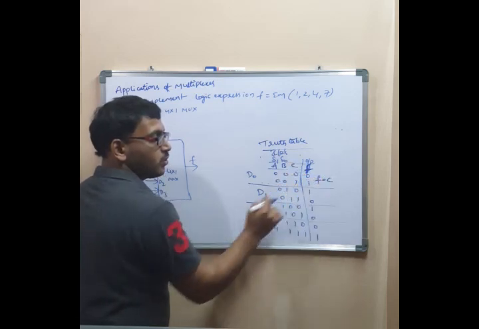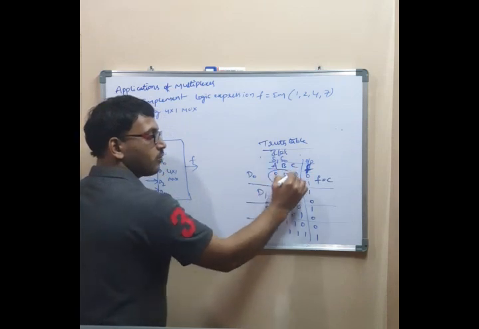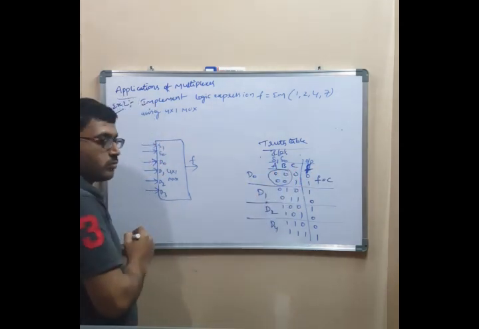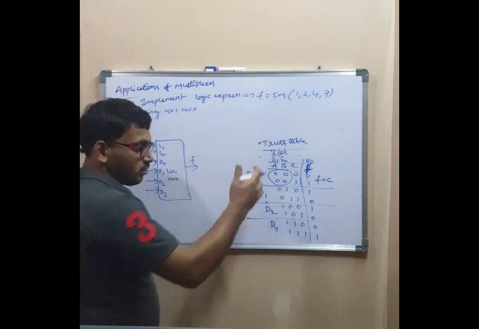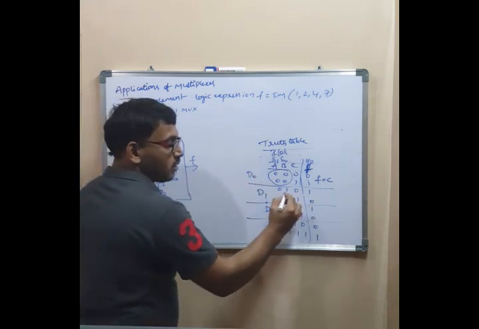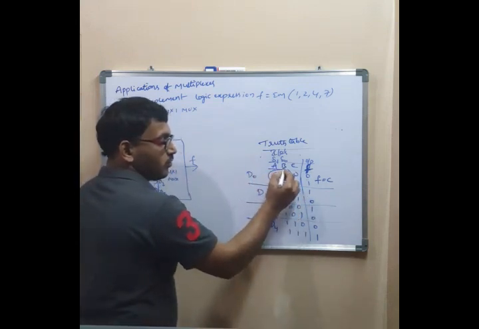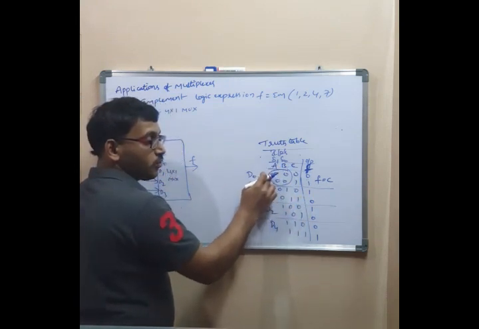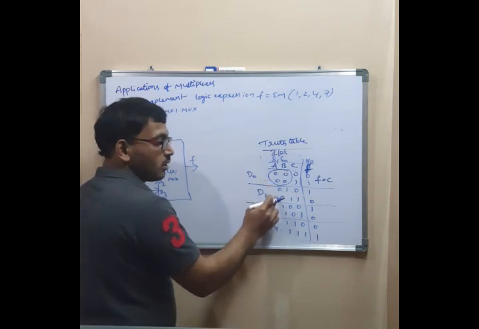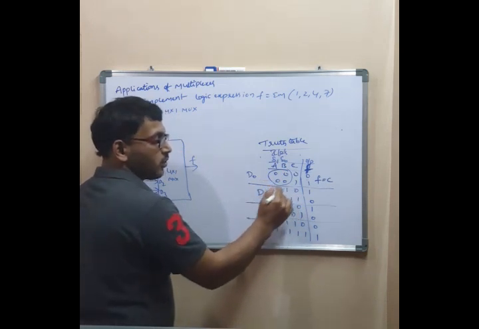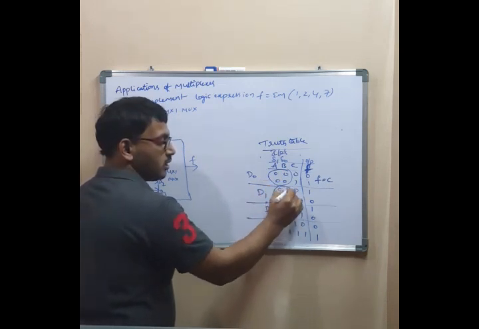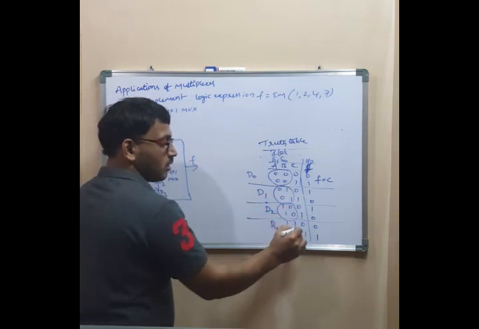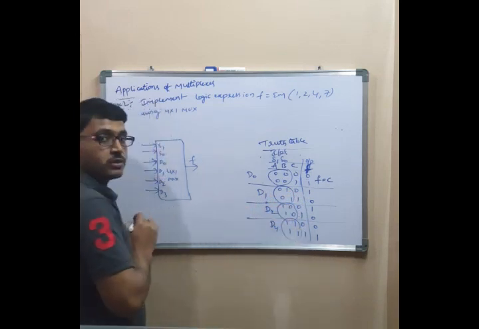So I can write F is equal to C for the combination AB is equal to 0, 0. In the same fashion, I can write this for the combination AB is equal to 0, 1. See, the same AB combination occurs twice, right? Here the same AB combination occurs twice, here as well.